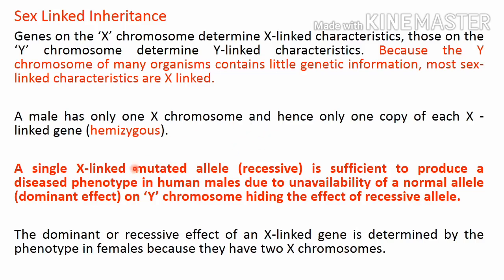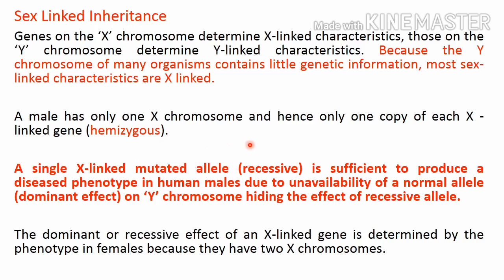Females have two X chromosomes, and if the genes on one X chromosome are mutated and those mutated genes hide or inhibit the expression of the normal allele on the other X chromosome, then that is called dominant sex-linked inheritance.